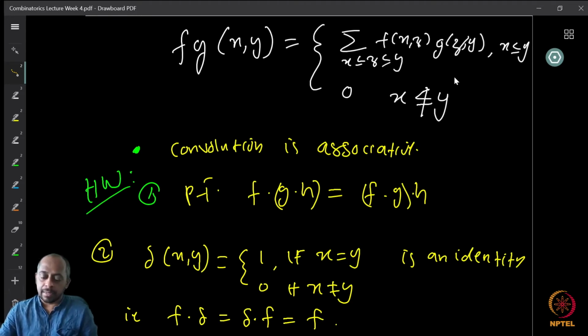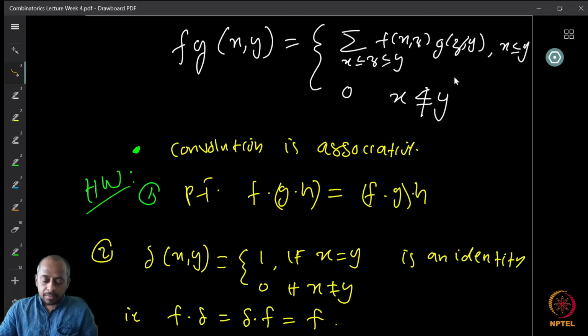So we are just adding 0 for the other functions where this interval is not defined, because the elements are not comparable. We don't have the interval, so for all those elements, we define it to be 0. So these two are essentially the same.